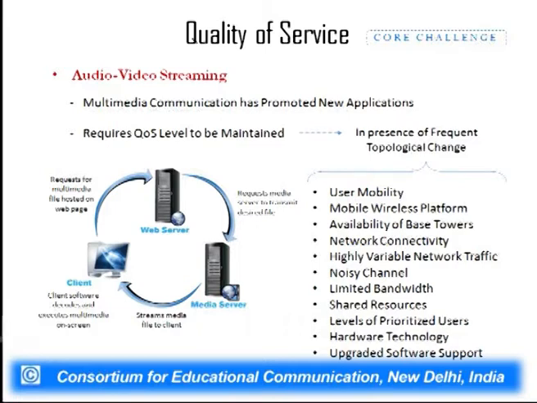Next is highly variable network traffic. Whenever there is network traffic of multimedia users, there is a chance that the traffic rate will be very bursty. It won't be uniform. It will be very bursty, very non-uniform over both space and time domains. And since it is a wireless channel, it tends to be very noisy.